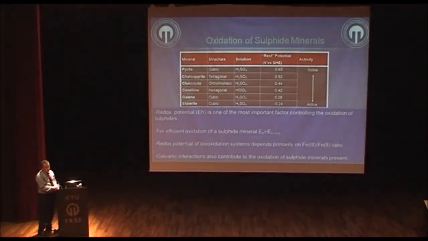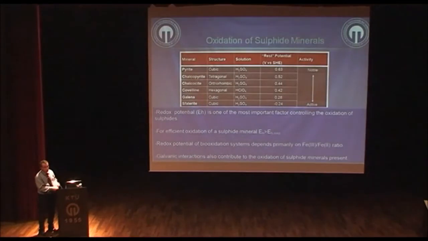Oxidation of sulfides. In the oxidation of sulfides, the properties of sulfides are important. For example, some sulfide minerals can be oxidized more easily than others. In this respect, pyrite can be classified as noble, which means it is not easily oxidized compared to sphalerite.